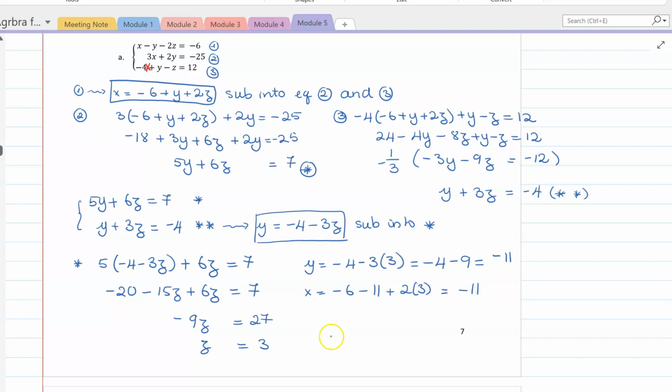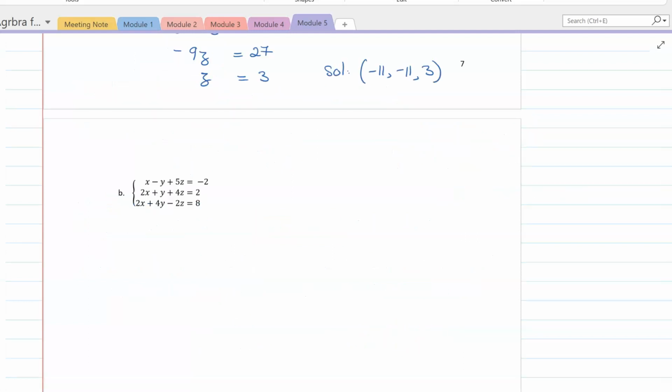So now we have the solution to the system, the ordered triple negative 11, negative 11, and 3.